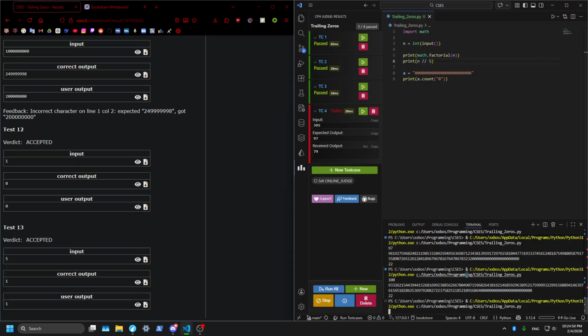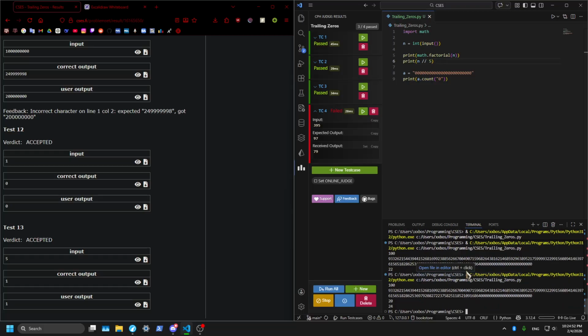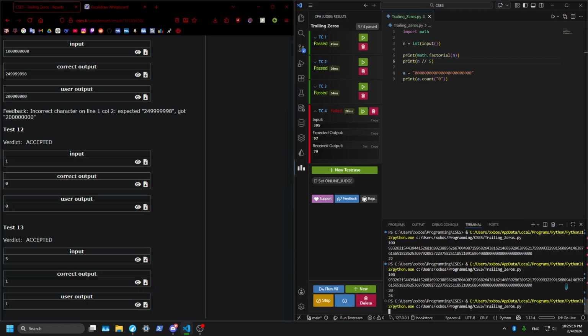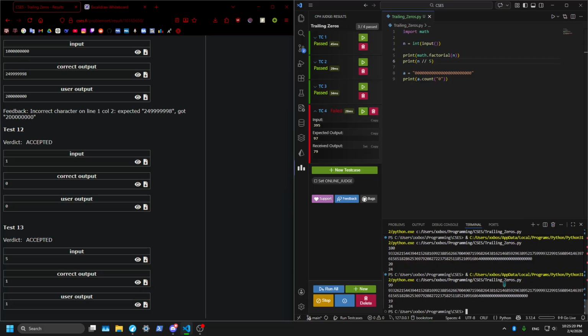I think I am piecing out what is going wrong. Although I didn't realize we're missing 4 zeros here.